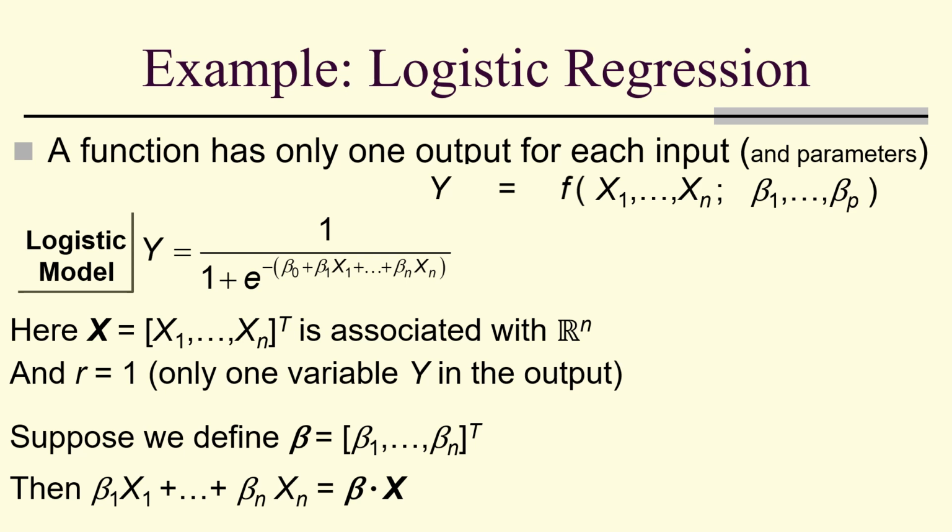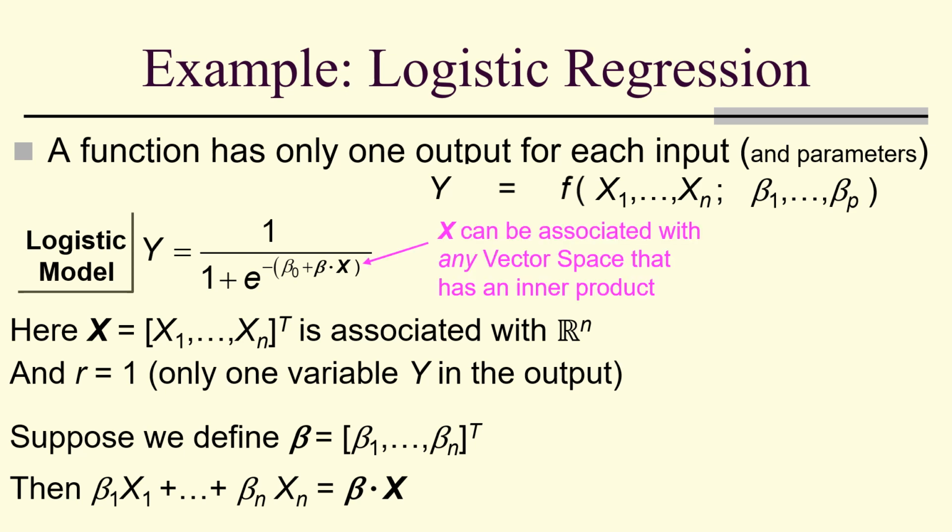Then beta 1 x1 plus dot dot dot up to beta n xn is actually the vector beta dot product the vector variable x. And that means we actually end up with this form of the logistic model. X can be associated with any vector space that has an inner product, and we'll use this idea later.